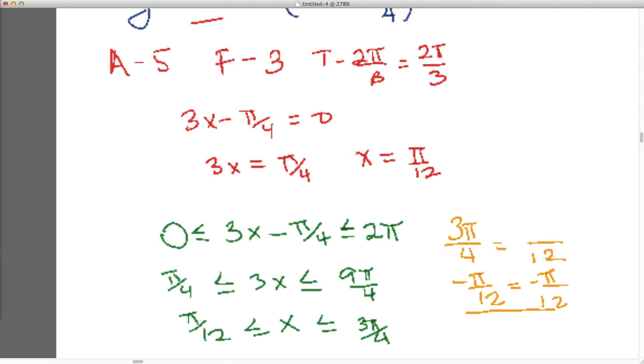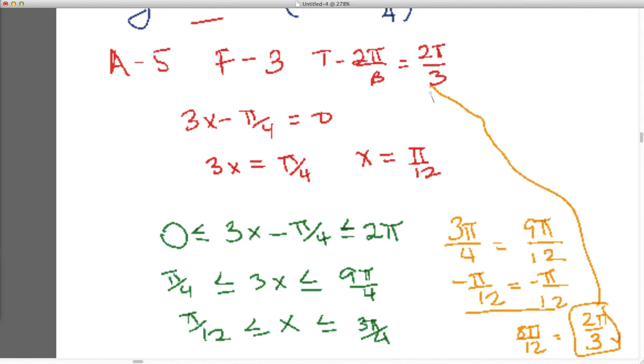So you multiply this by 3, so you multiply the top by 3. And then here you get 8 pi over 12. 4 goes into the top twice. 4 goes in the bottom 3 times. So yes, that is the period that we got up here.